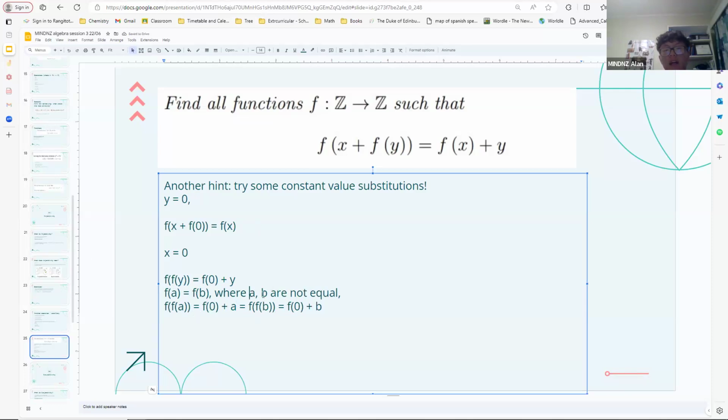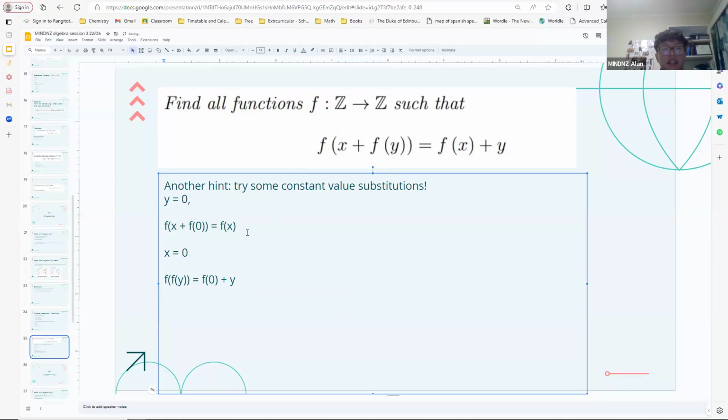Because we said that a, b are not equal, right? So f of 0 plus a can't equal f of 0 plus b. So what does this tell us now? What did we just prove? We just proved that f is injective.